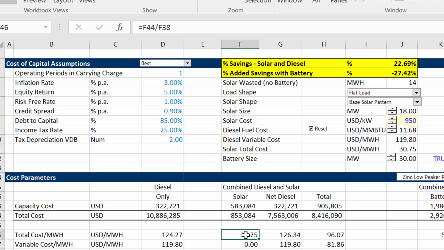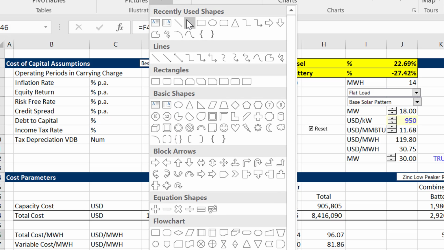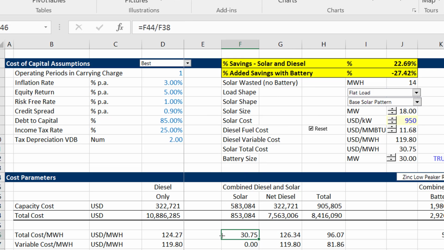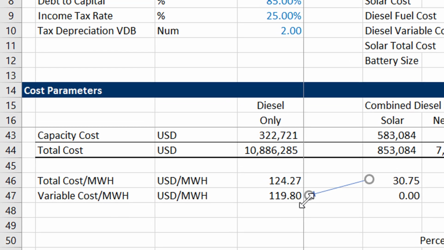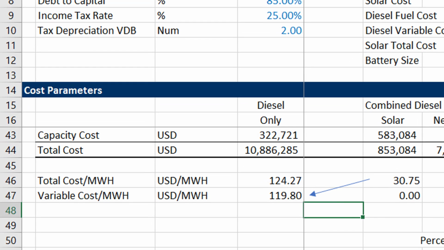Now, here's the real thing, and perhaps I should have put a little arrow here, because we're comparing the total cost of the solar against the variable cost of the diesel. That's what we're really doing to look at the economics. If we put a higher amount of solar in, the LCOE of the solar goes up.